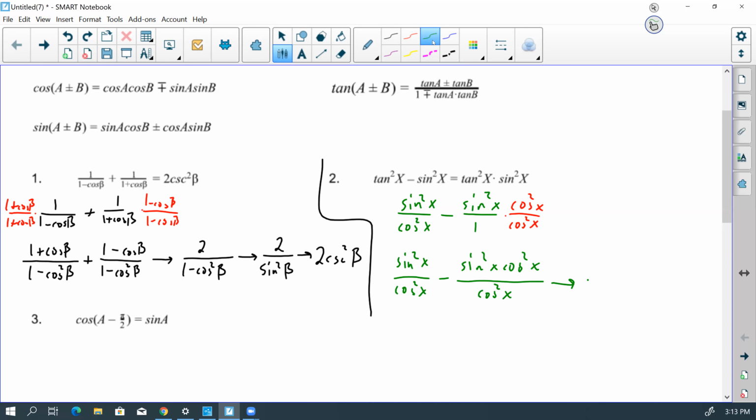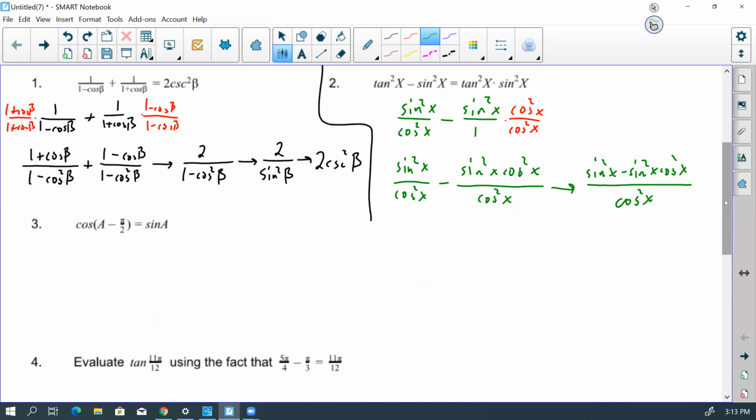But now what? I need somehow that to equal tangent squared times sine squared. What can I do? Well, the two terms in the numerator both have a sine squared in common, so I can factor that out.